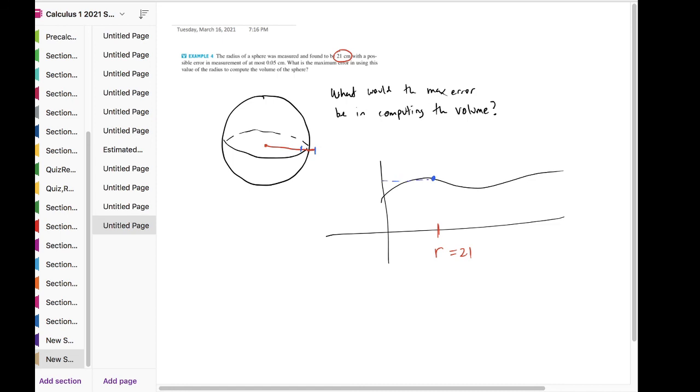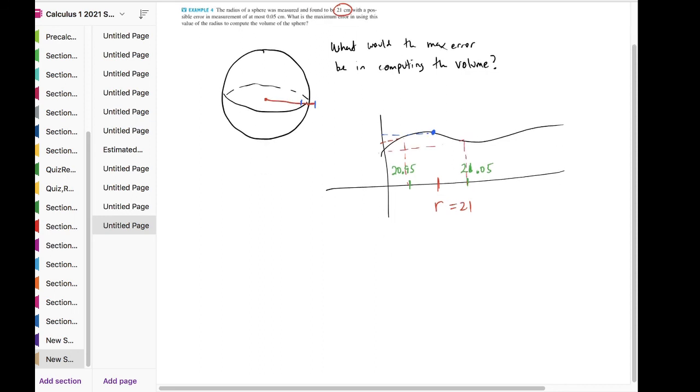But if you perturb it a little bit, like 21.05 or 20.95, then there corresponds a resulting change in the y value. So what does that change?